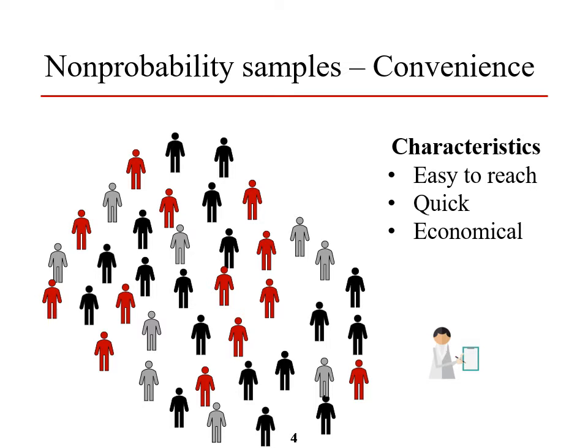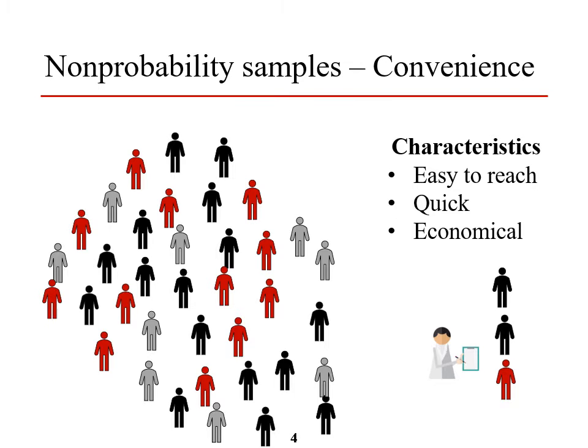An example of this might be when a researcher is very close in proximity to the participants that they're looking at. This could be like a student sample at a university. This might be a sample that the researcher chooses because it's very close in proximity, very easy to access, and they're going to select the ones that are most readily available at the time of conducting the research.